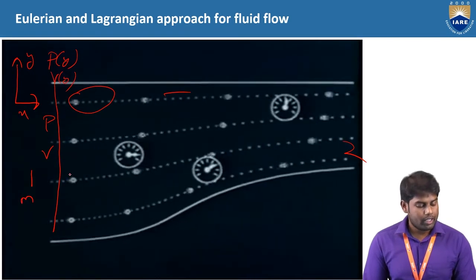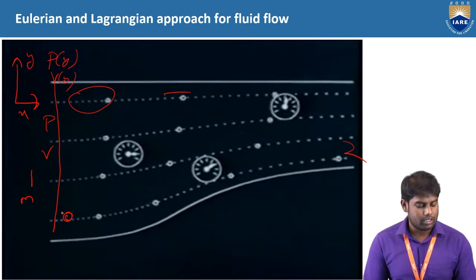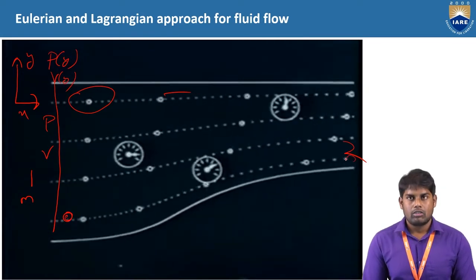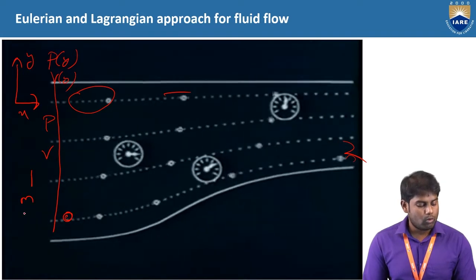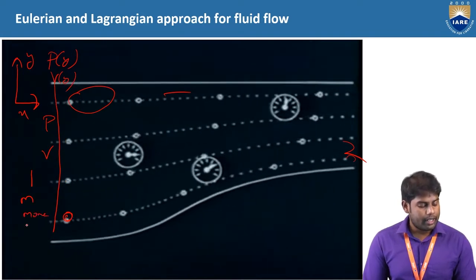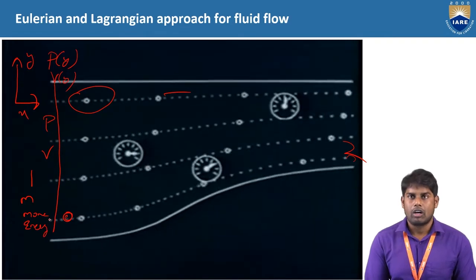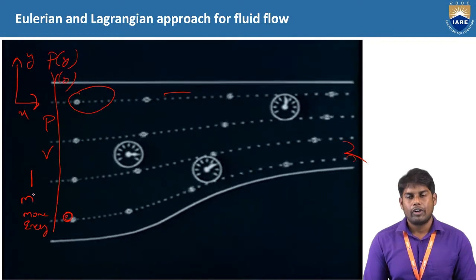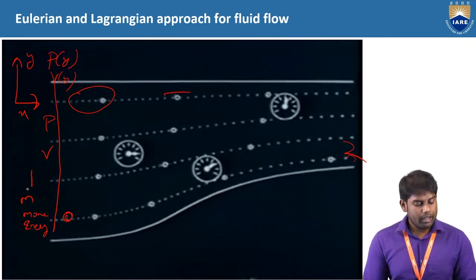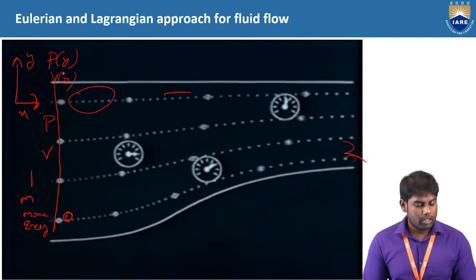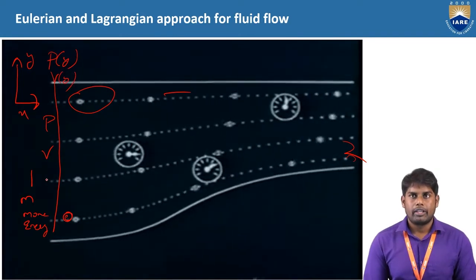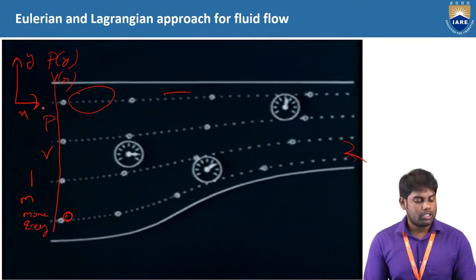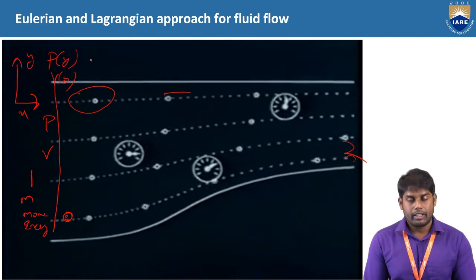So when a fluid particle is moving from one station to the other, there will be changes in mass, momentum and energy. Fine. These equations will govern this fluid flow problem. So if we are looking at the average flow properties for a given cross section, that constitutes the Eulerian method.